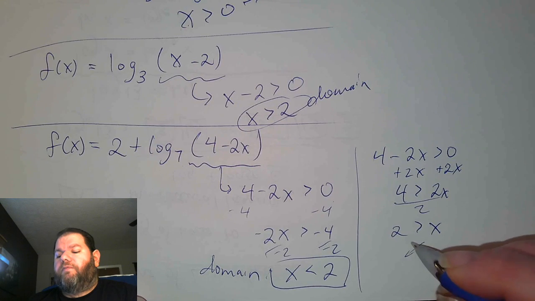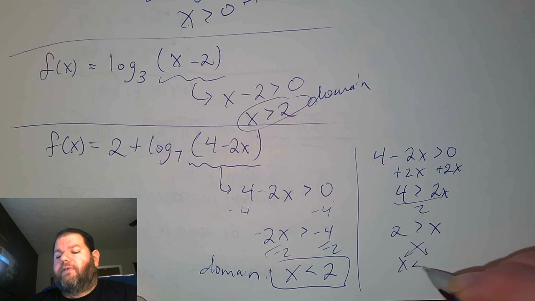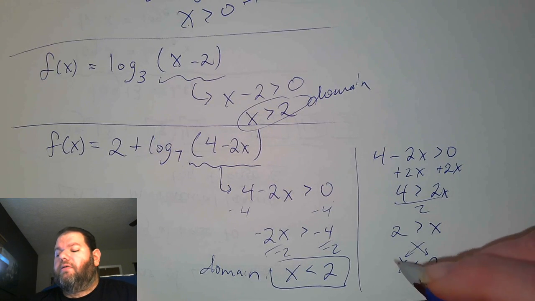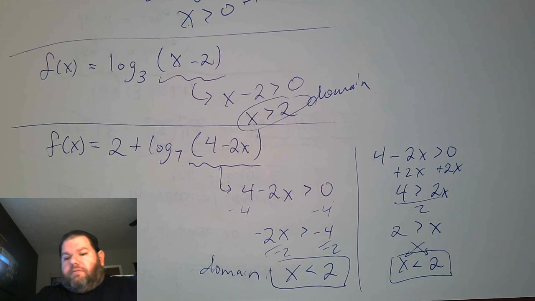Or if we flip everything around, x is less than 2. Yeah, we only changed the direction of the inequality on division by a negative or multiplication by a negative.